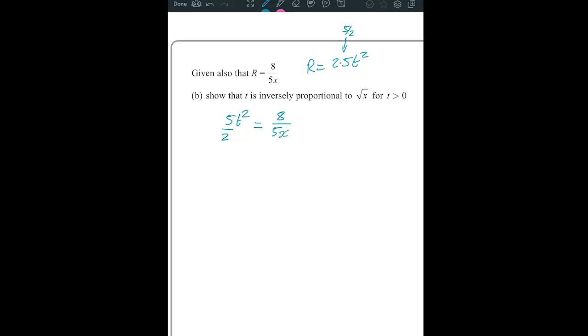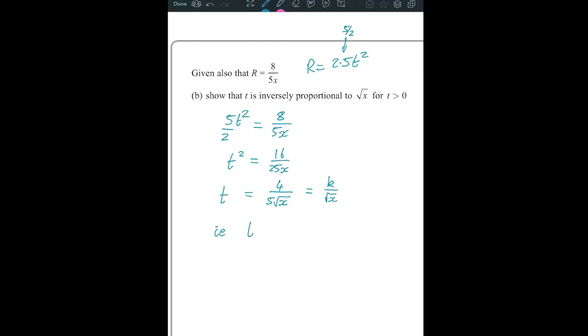over 5x. We want to show that t is, so I want to rearrange to make t equals, so that's 16 over 25x, and if I square root, that's 4 over 5 root x, which the 4 over 5 is just some number.